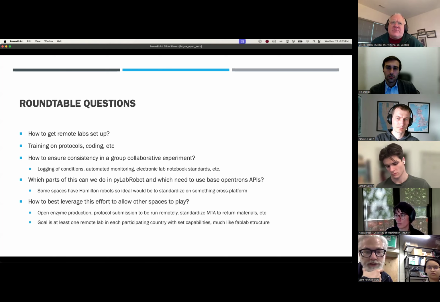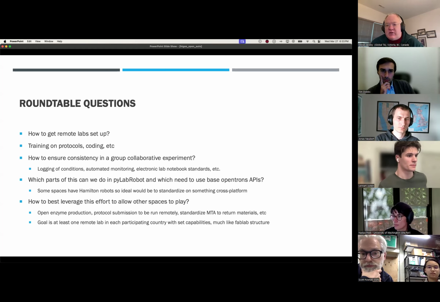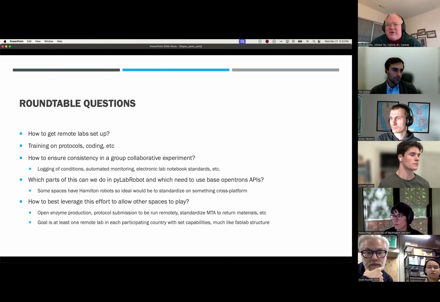Yeah, so there are a couple of aspects of how we get remote labs set up. The first is just physically, how do we get the machines there, get them installed properly, get the shipment figured out, get them with supporting equipment all figured out.